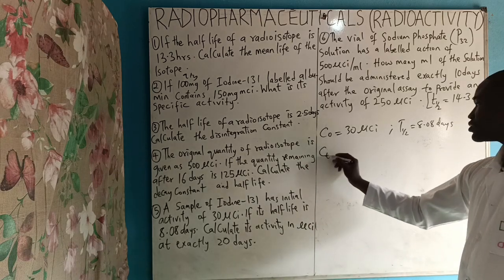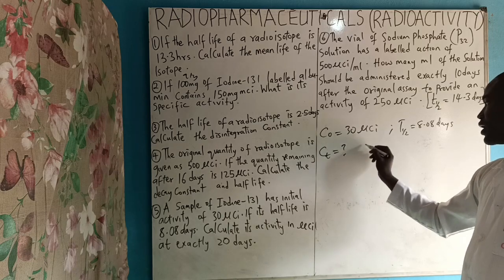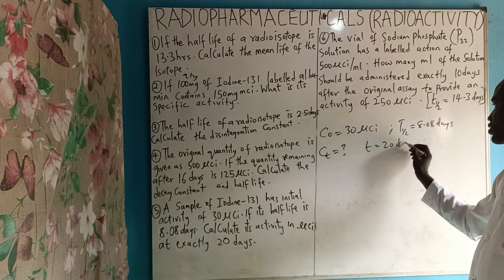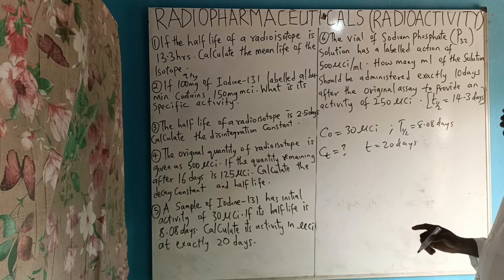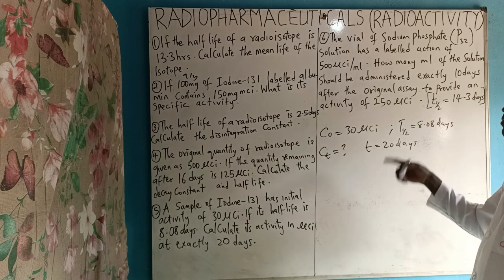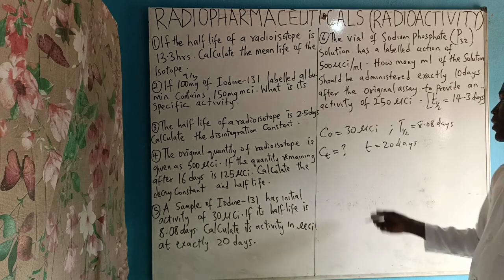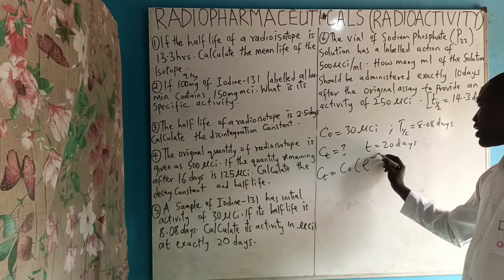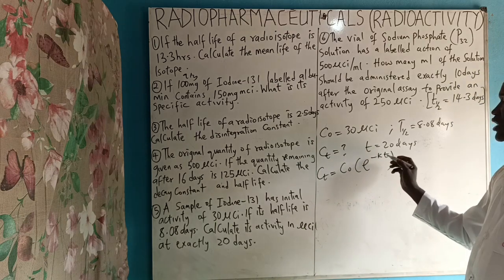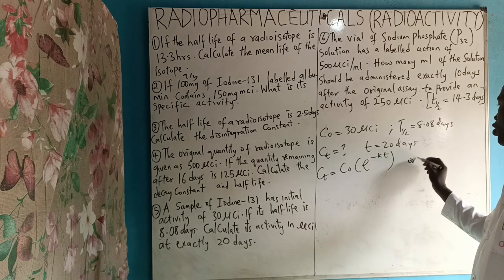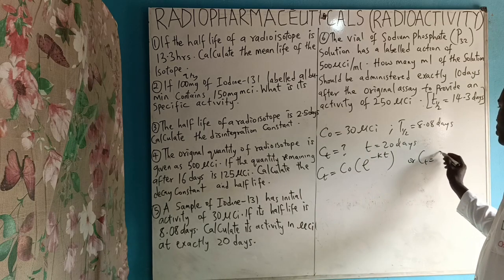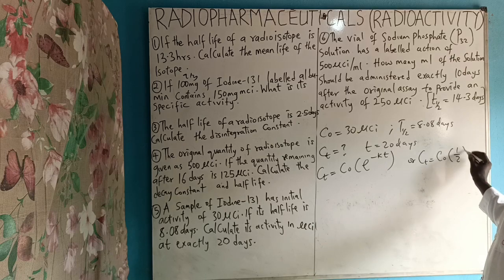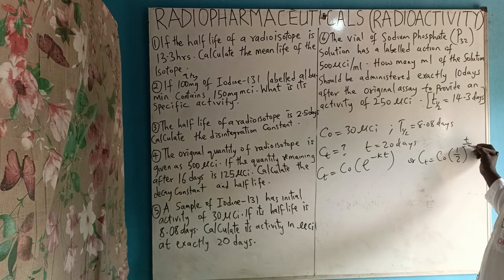So CO is 30 microcurie, half-life is 8.08 days, and we want to get CT at exactly 20 days. You now recall that there are many formulas one can use here. You can use CT equal to CO exponential minus KT, and when you are using this, you have to get your decay constant. Or you can use CT equal to CO bracket 1 over 2 raised to the power of T over half-life.